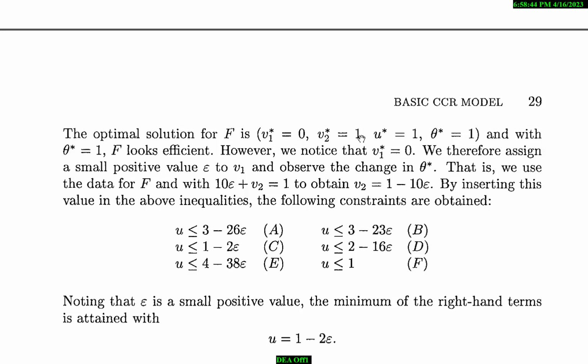In the definition, we said we should have theta star equal to 1 and the weights should be positive to say the DMU is efficient, but here V1 star is equal to 0. The question is whether we may have another optimal solution with positive weights.